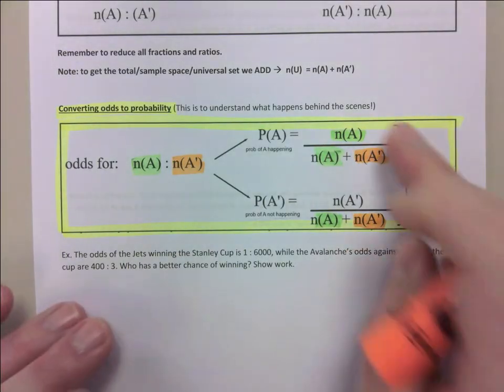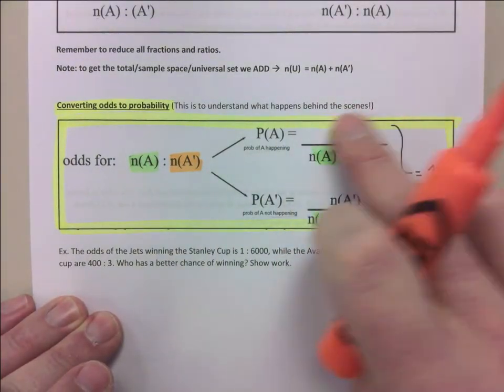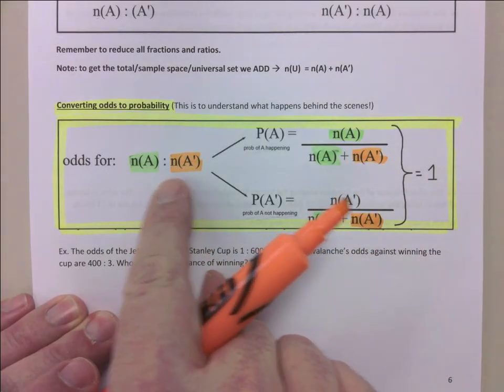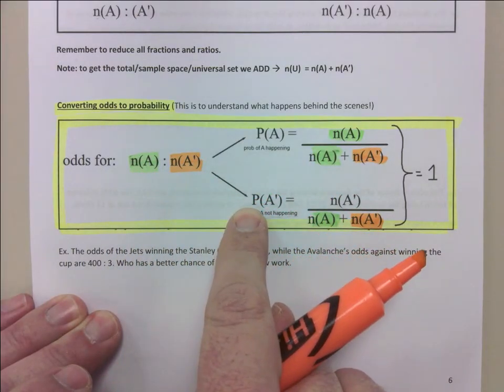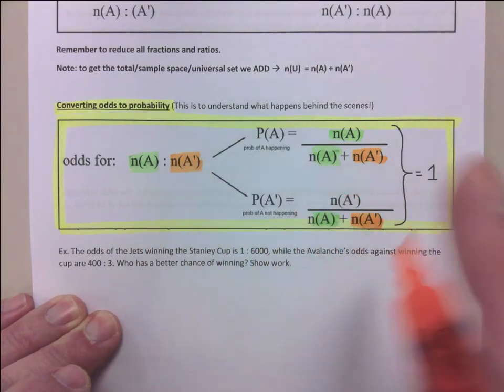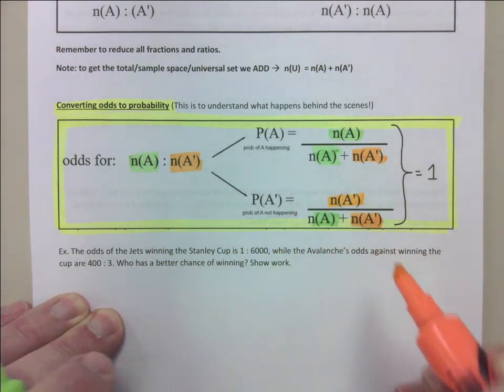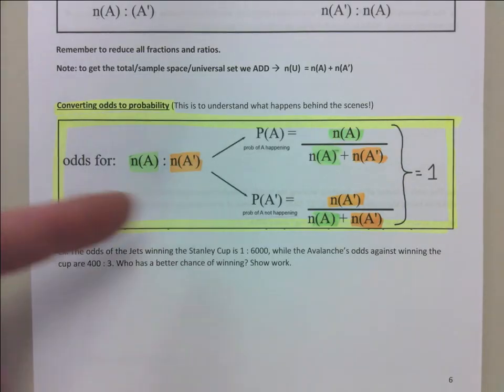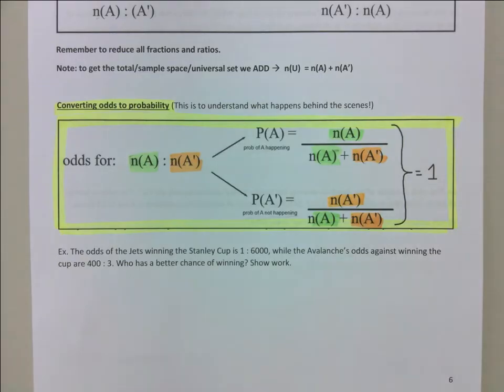That would give you the probability of someone falling asleep. If I asked you based on these odds, what's the probability of someone not falling asleep? You'll take that second number and put it up top on your fraction. I know right now this looks kind of complicated, but I would put this on my study sheet to go from odds to probability.